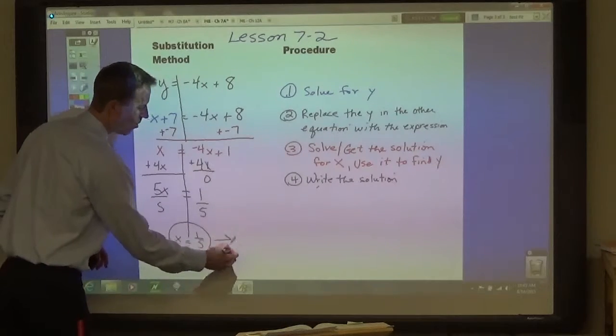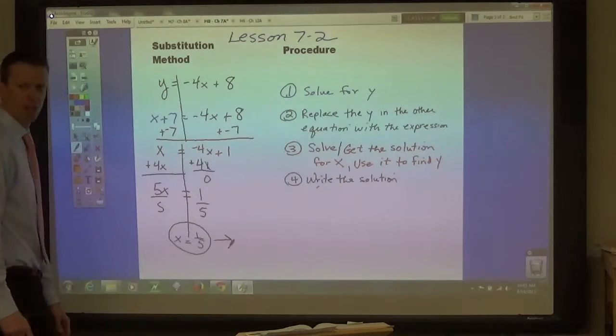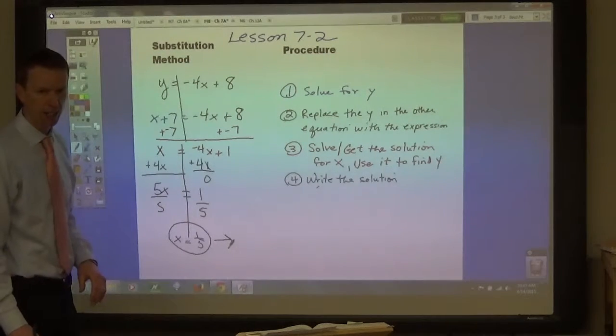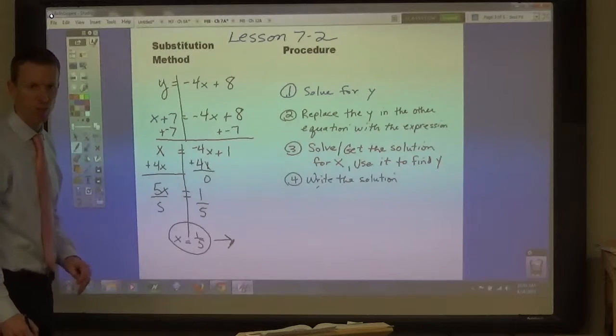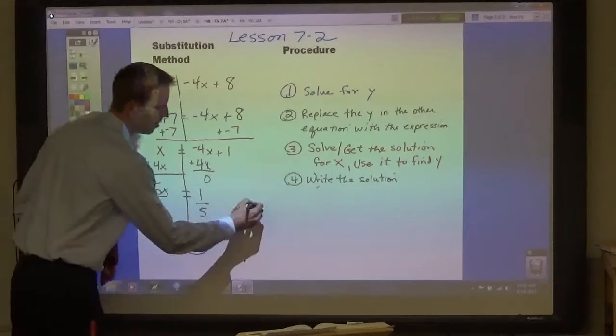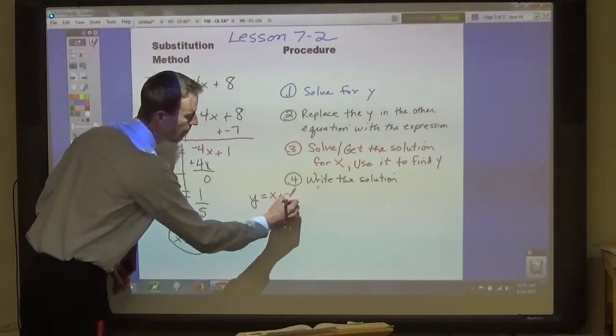Right, so now we use this number for x. Now, we can put this into either equation. We had x plus 7, and we had negative 4x plus 8. So the other equation was y equals x plus 7, right?